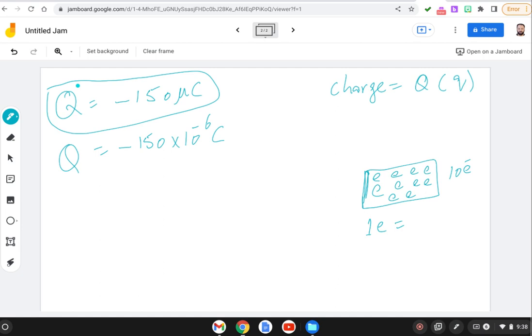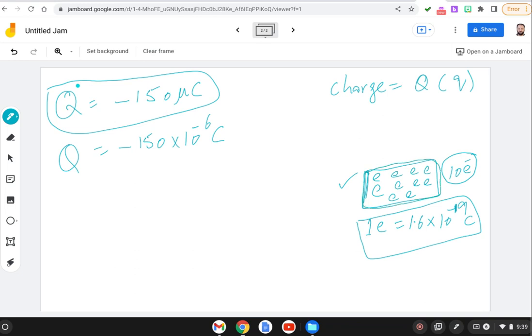Don't know? 1.60 times 10 to the power of negative 19. Yes, 1.6 into 10 power minus 19 coulomb. So see, on one electron charge is 1.6 times 10 power minus 19. So if there are 10 electrons, what will be total charge on this balloon?